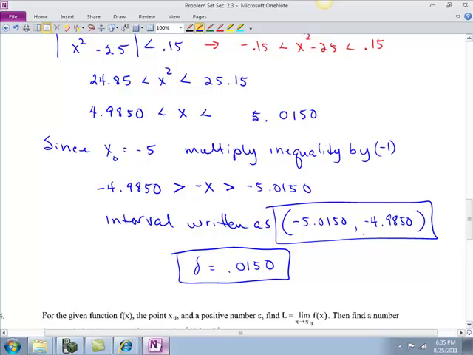Well, in order for this to be a true statement, it wasn't right the way I have it written, because when we multiply by the negative 1, it will flip this from here to here. Okay? And so then when you put it in this format, you have to make sure you're right. So x is greater than this guy, but less than this guy.